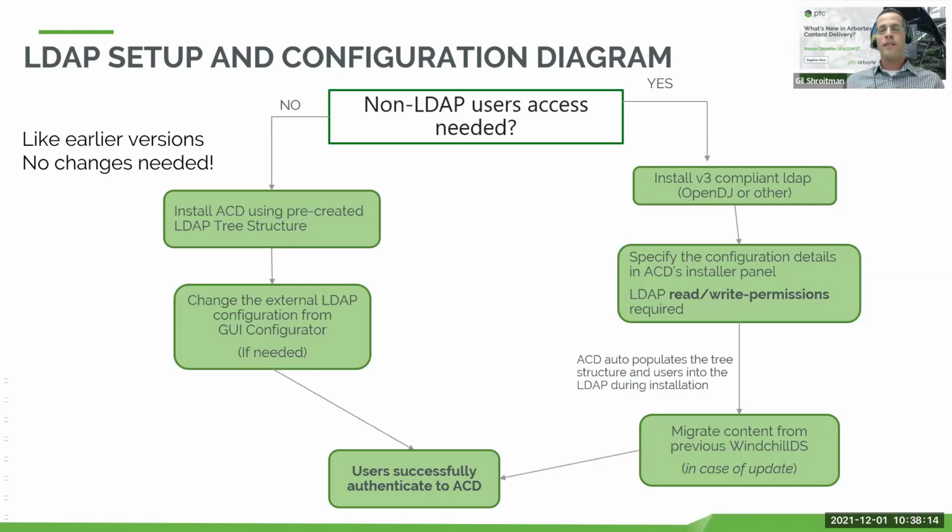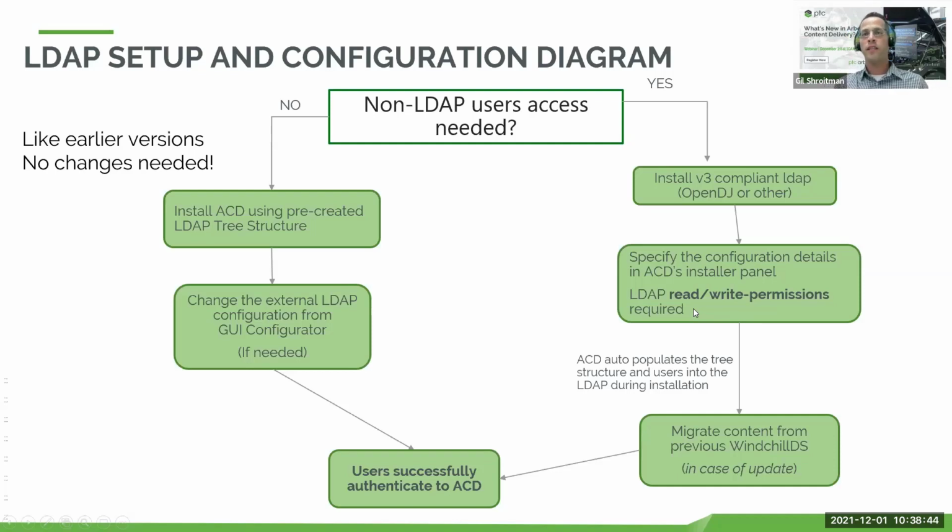If there is a plan and you need an additional LDAP that's going to be used for those non-LDAP or ad hoc users' access, then you will need to set up this additional LDAP as a replacement for the existing Windchill DS. Once you download and install the LDAP of choice, whether it's OpenDJ or other, you need to specify the configuration details in the Arbortext Content Delivery installation panel.